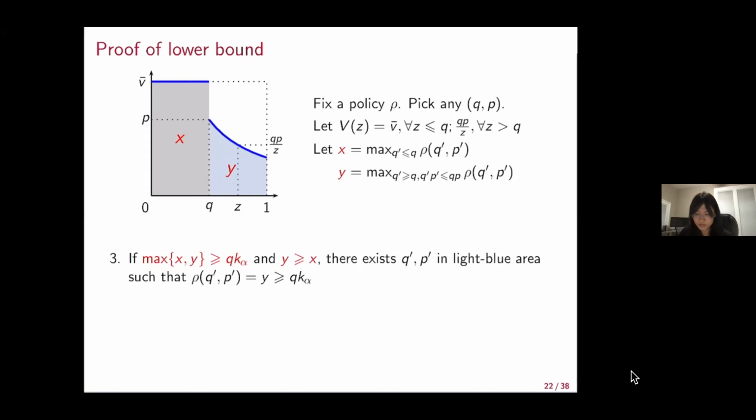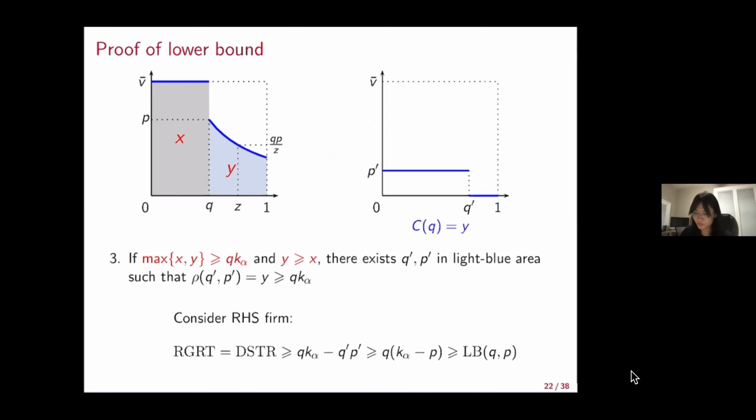Now, in this case, we let Q prime and P prime be a point in the blue area such that the revenue at that point is equal to Y, which is greater than Q times K alpha. On the other hand, suppose the firm actually has this type of demand and cost function, right? The firm has a function such that exactly Q prime consumers have the valuation P prime, and there is a fixed cost of Y from production.